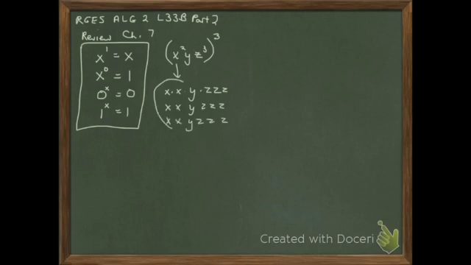So how many x's do you have? 6. I can also view that as a multiply. How many y's do you have? 3. I don't care. You could write it out for all I care.